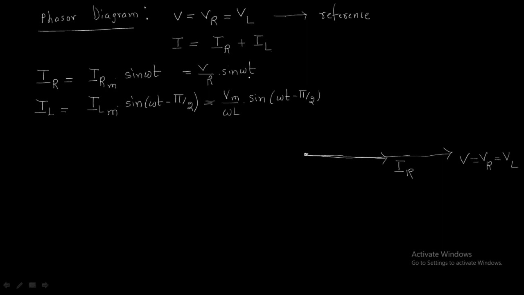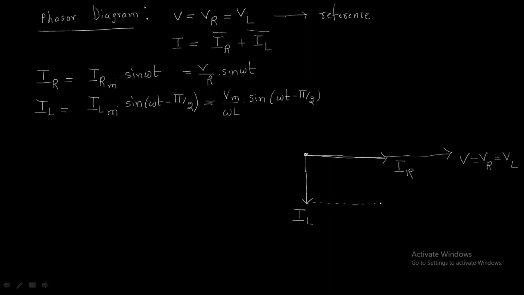This is 90 degrees lagging the voltage, so draw it here. That is the current through the inductor. Now the vector sum of the resistive current and inductive current gives the supply current.